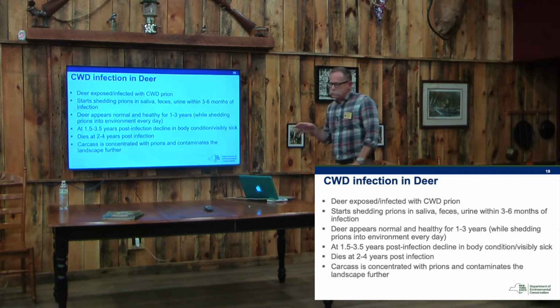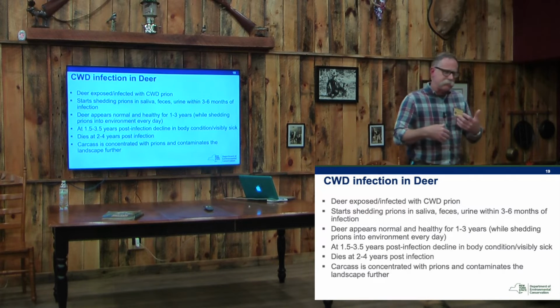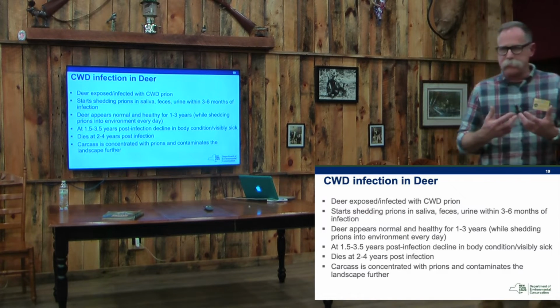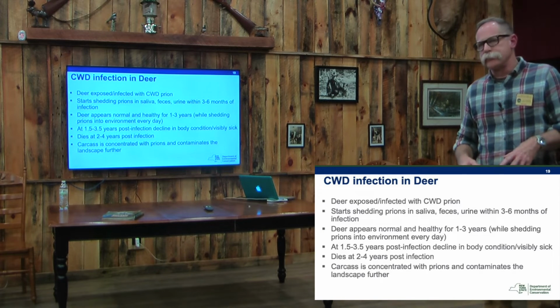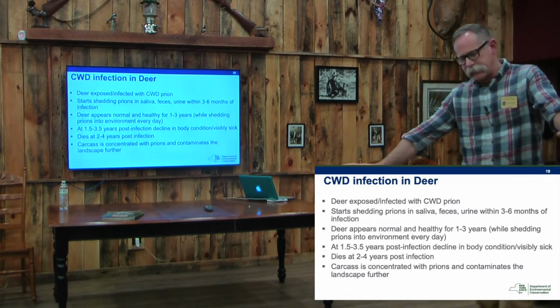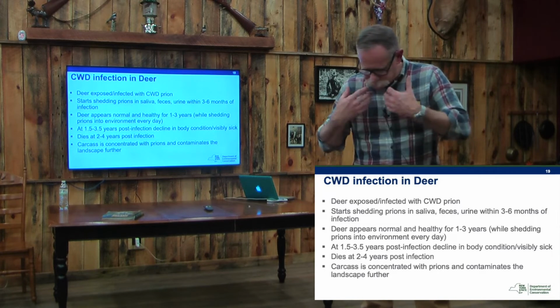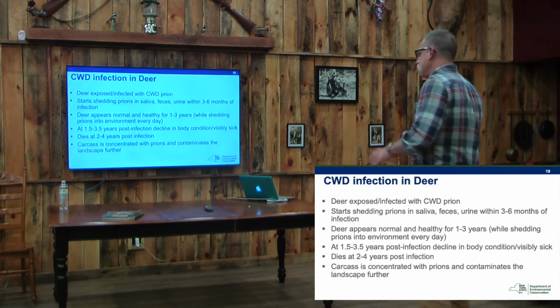After 2 to 3 years, they start to get sick, and you get into the disease's namesake, this chronic wasting syndrome, where they stop eating and start to get skinny. The classic pose is their front legs kind of out, bracing themselves for balance. Their head's down, their ears are drooped, and drool is just coming out of their mouth.